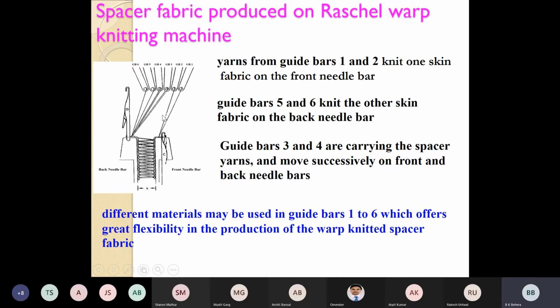This is a warp knitting machine, 6-bar warp knitting. Bar number 1 and 2 give the top skin. Bar number 5 and 6 give the bottom skin. So this is the top skin, this is the bottom skin. Bar number 3 and 4 connect the top skin and bottom skin. These lines.